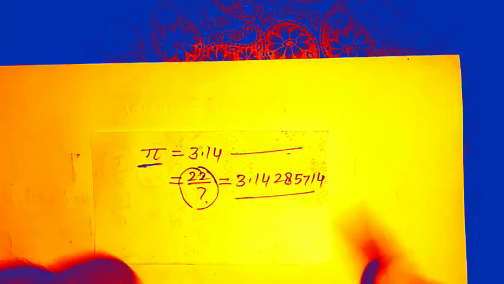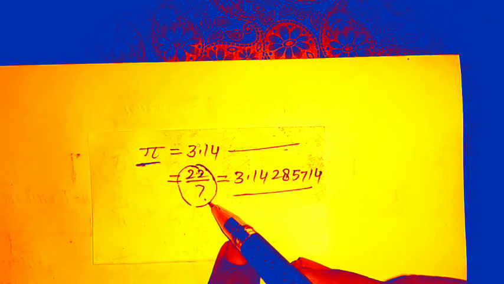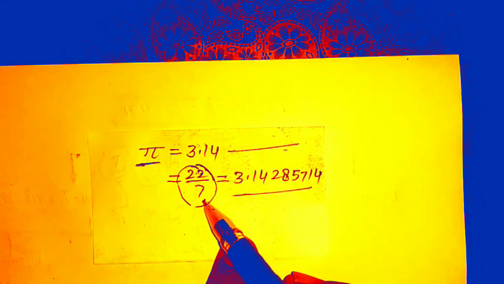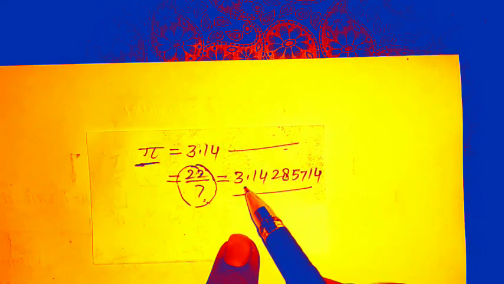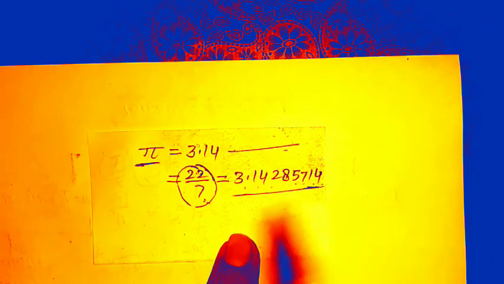The reason is that 22/7 is not the exact value of pi.